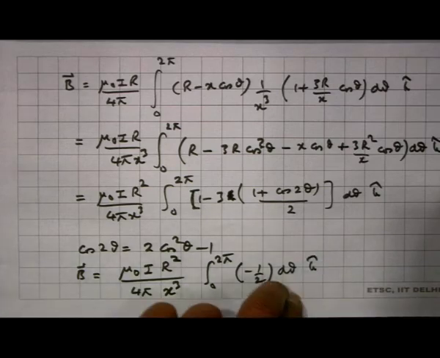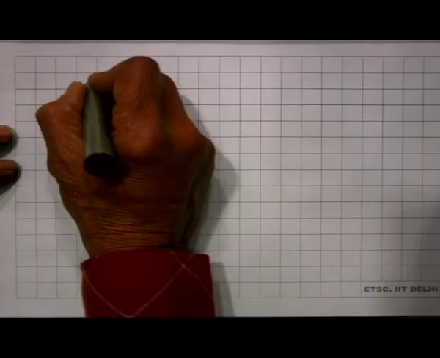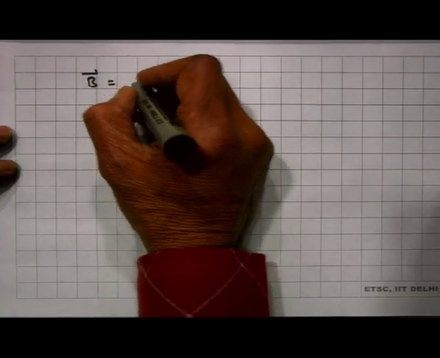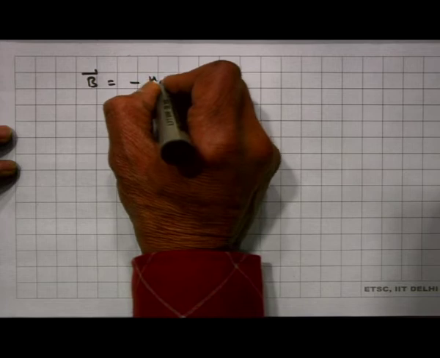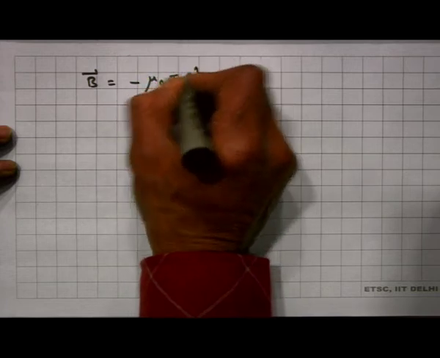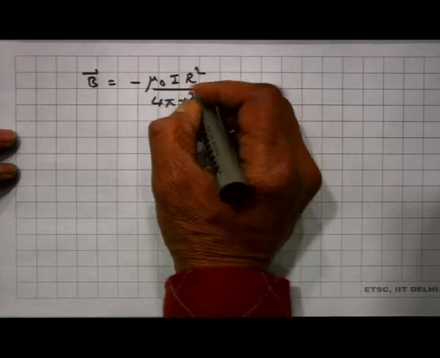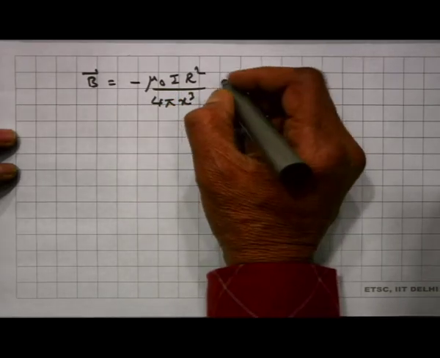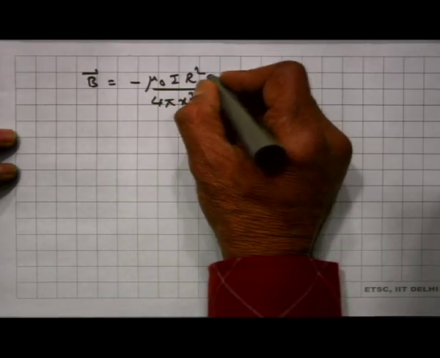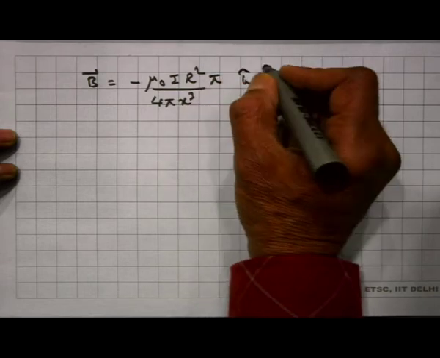So, this is a simple integral. It just gives me minus half into 2 pi. So, I get B equal to minus mu 0 I r square by 4 pi x cube into pi into k.